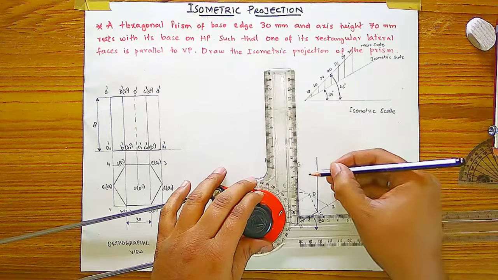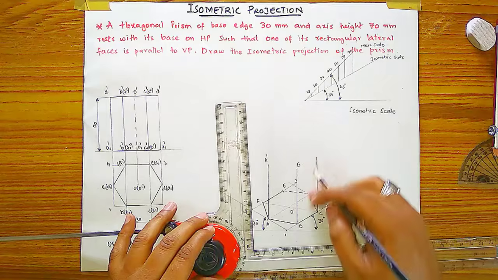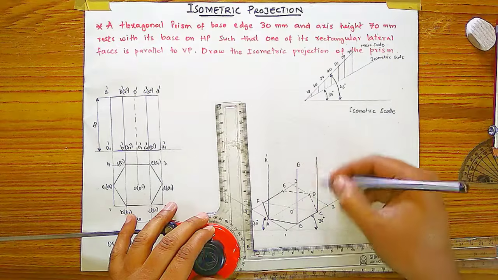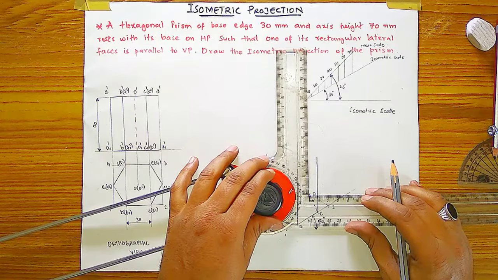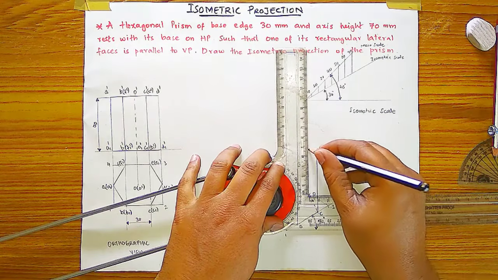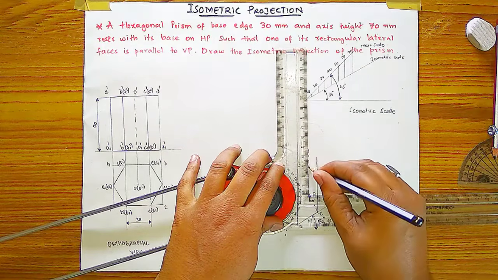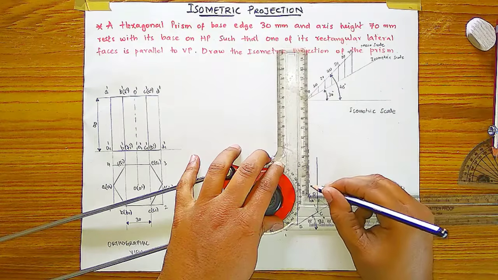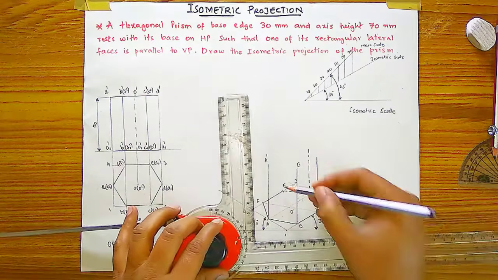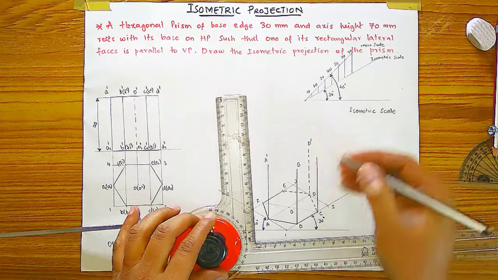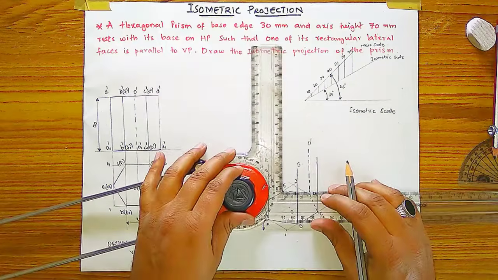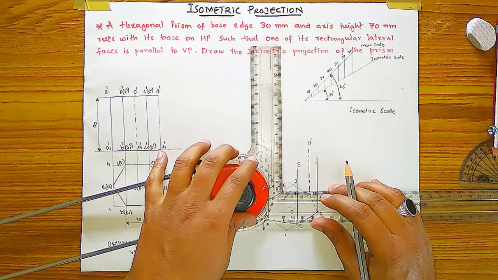And this line is backside, means D to D dash. It is backside, it is invisible, so we have to draw dot dot like this. And this E to E dash also is invisible, it is backside, so draw it as a dot dot line only.